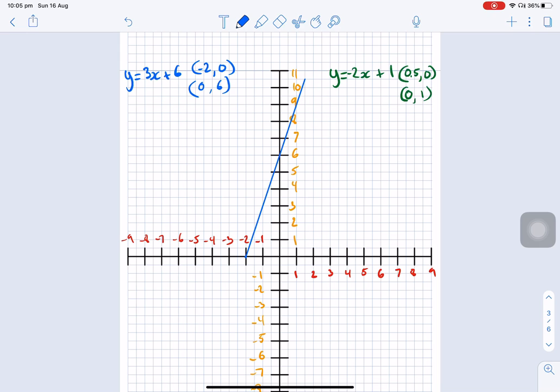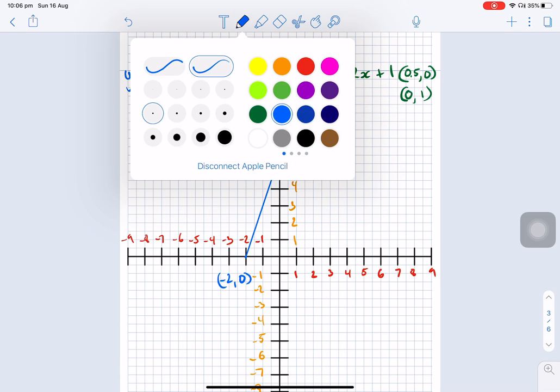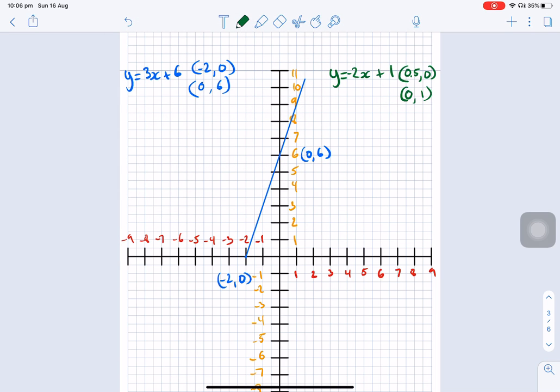There we go. So that line goes through our intercept here of negative 2, 0, and it goes through our point here of 0, 6, our y-intercept and our x-intercept. Okay, now we'll draw the other one. Our first point was 0.5, so it's going to be halfway between the 0 and the 1 down here.